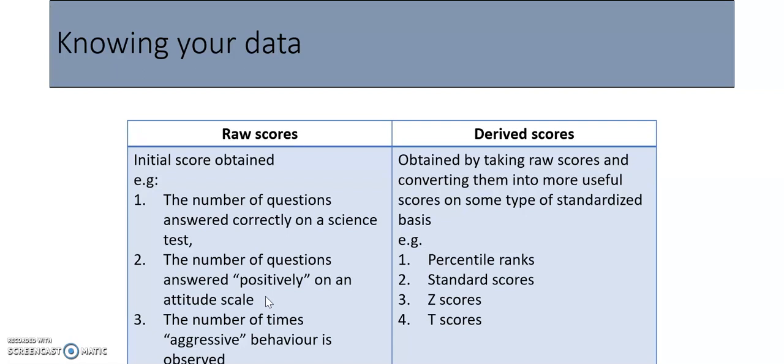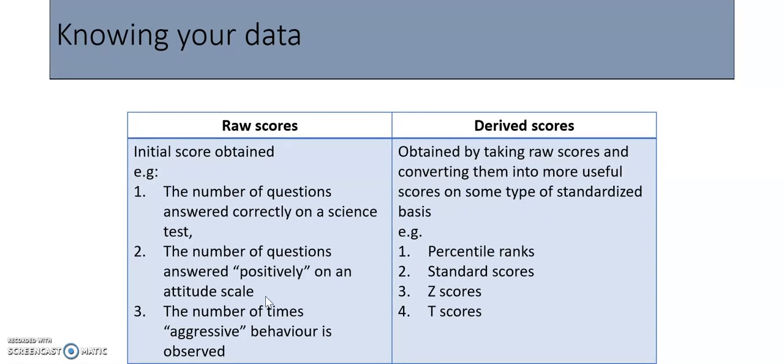That means 2 persons answered positively on an attitude scale, one put 3 and the other 5. The third example is the number of times aggressive behavior is observed. Let's say you asked a question regarding aggressive behavior, and this person answered 5 times in a day. So that 5 is the raw score.